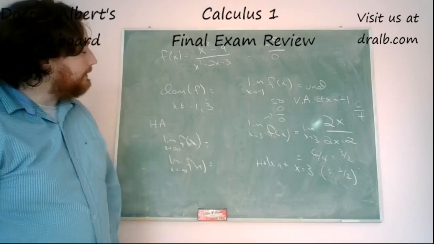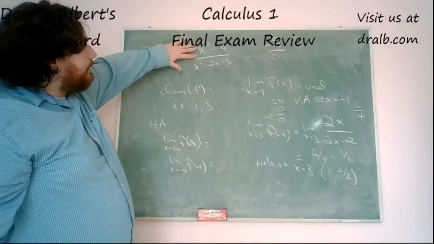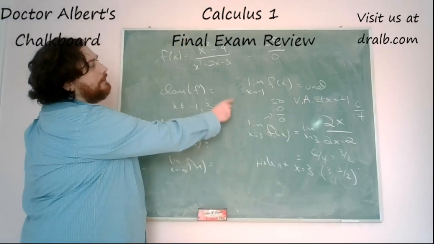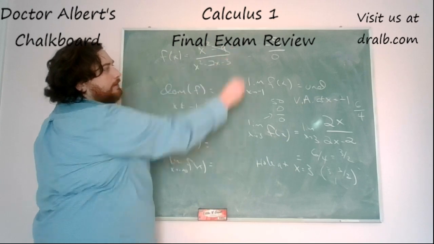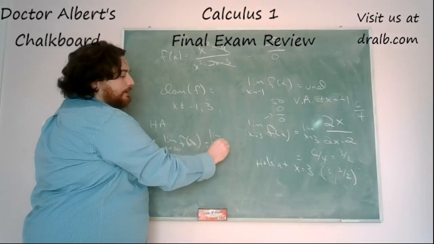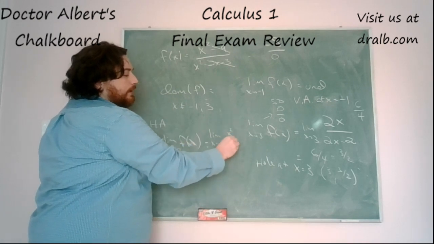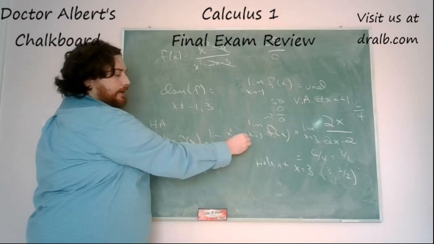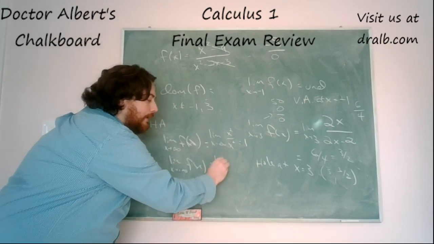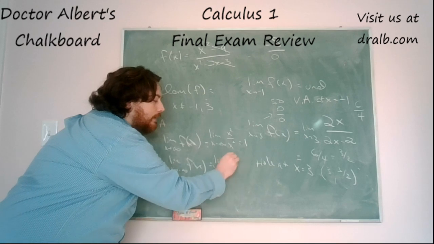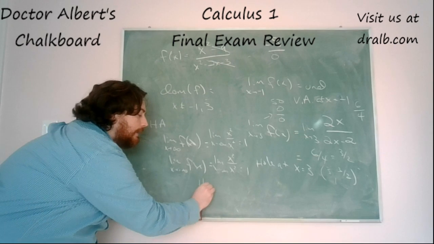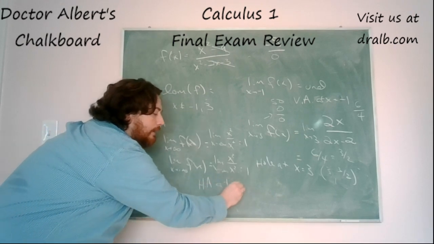As I'm finding this limit, I'm going to look to the highest power on top and the highest power on bottom, so I can simplify this, because remember, as x goes towards infinity, the lower terms become negligible. So I get the limit as x goes towards infinity of x squared over x squared, which in this case is just 1, and if I do it as x goes towards negative infinity, I get the same thing, x squared over x squared is just 1, so I have a horizontal asymptote at y equals 1.